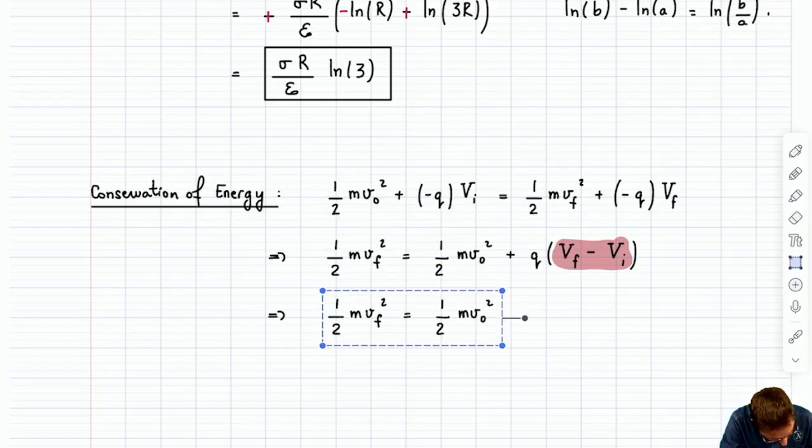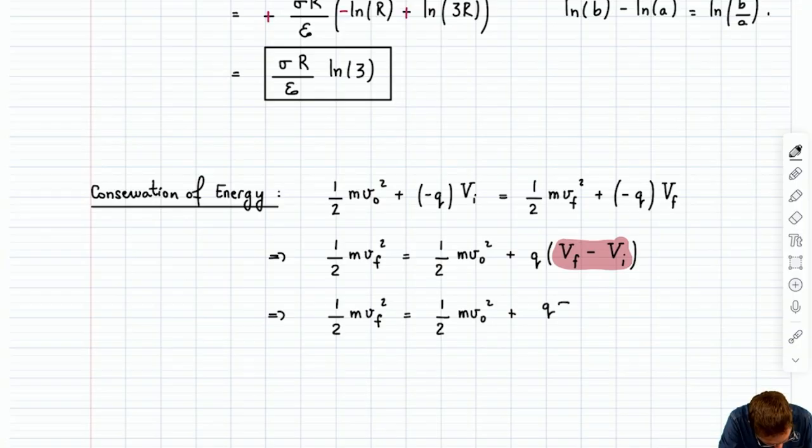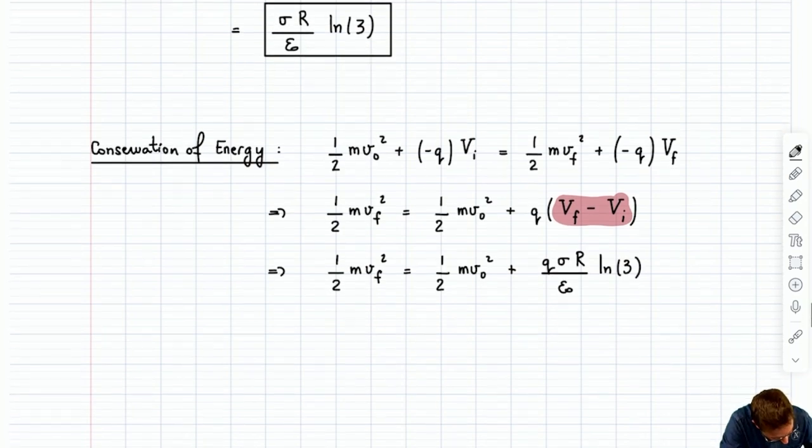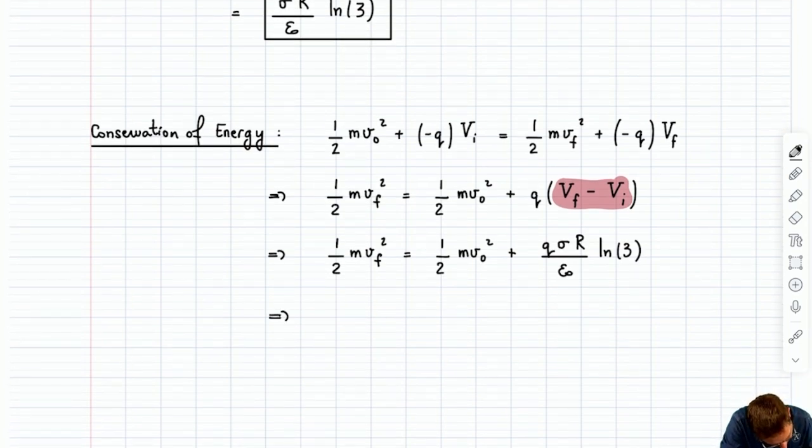This does not change, plus q sigma r over epsilon naught, natural log of 3. Okay, so we're going to multiply by 2, divide by m, and then square root.